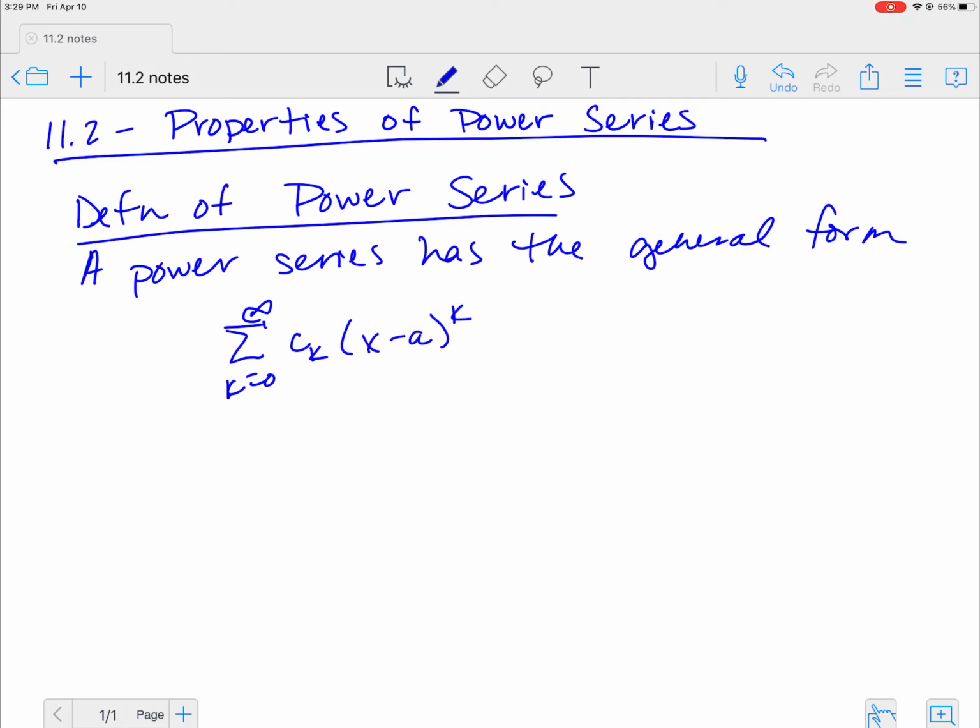Look familiar? Yep. Okay. So now let's talk about what this means with our definition, where a and c sub k are real numbers, and x is a variable.